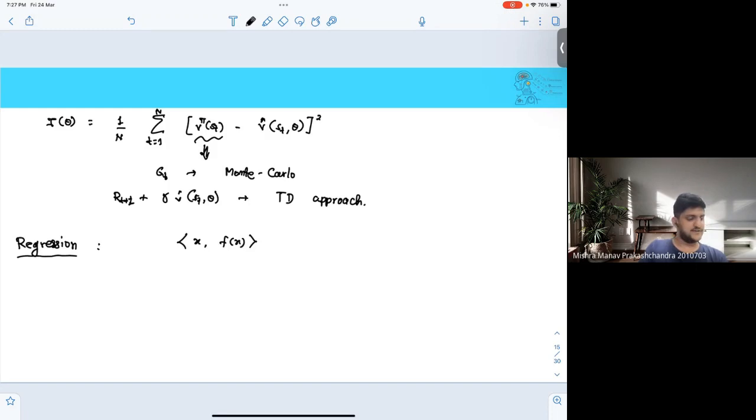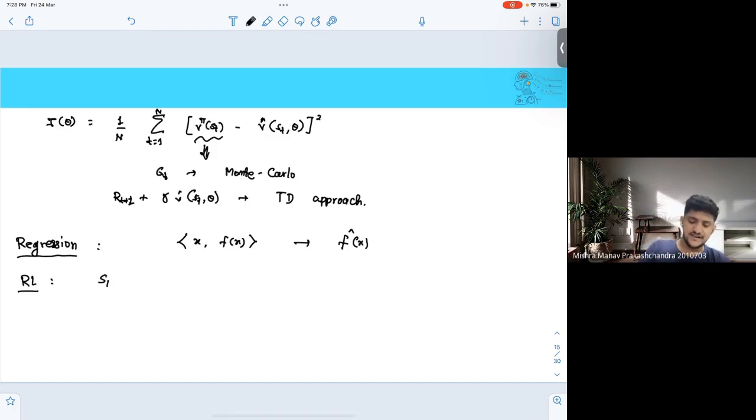You have a bunch of different data, and from this, what my regressor learns is an estimate f hat of x, based on some data set which is available to us. Whereas in RL, such kind of data is not available to us. The data that we get in RL is essentially trajectories that we have.